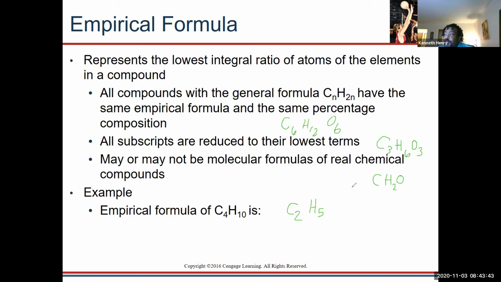So this here would be the empirical formula because that's the smallest possible form. The other would be an intermediate, not the smallest form. So if we divided all of these by 6, we'd end up with CH2O. Are you with me?